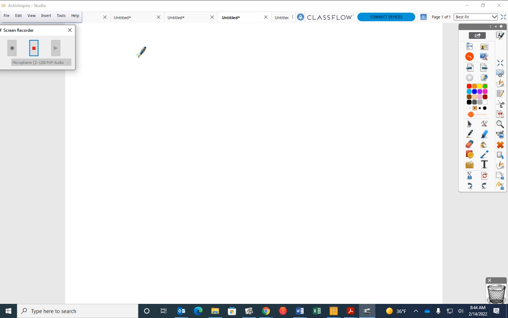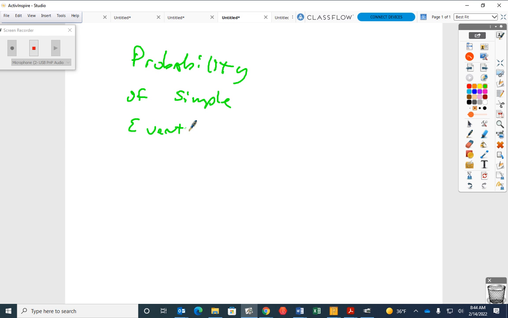Probability of simple events. 2, 14, 22.